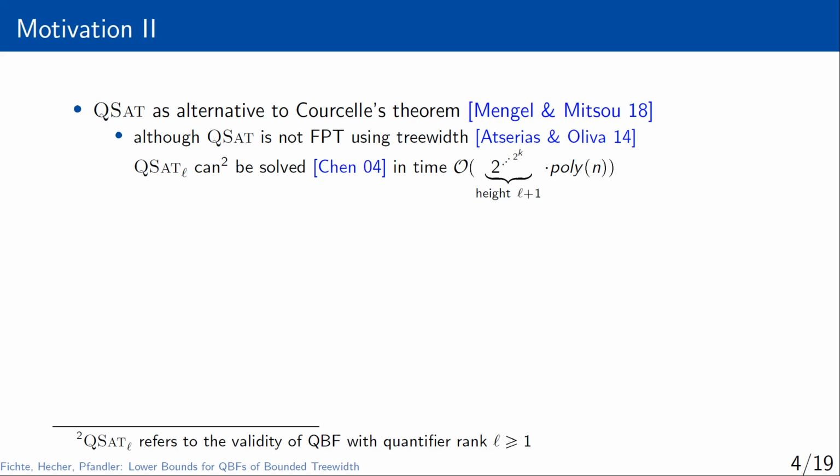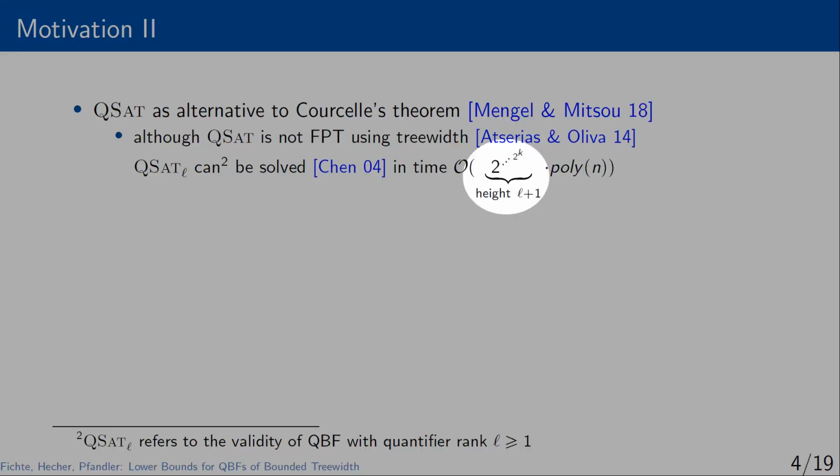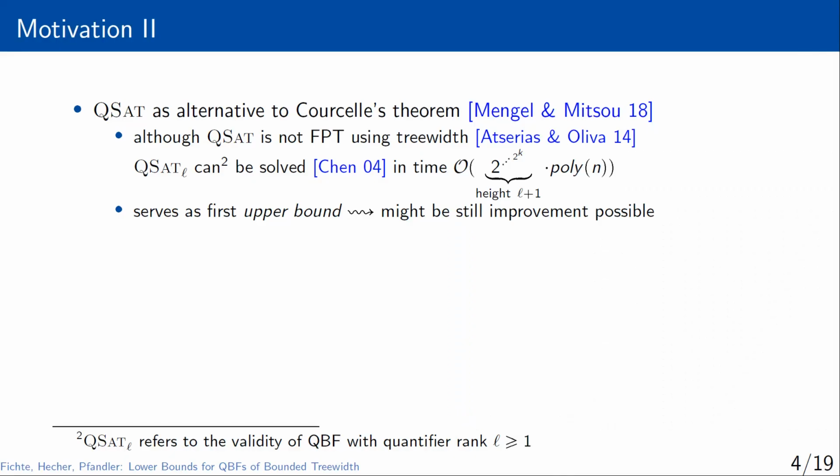If, for example, we also consider the quantifier rank of the formula as a parameter, we obtain that the consistency of a QBF can be decided in time l-fold exponential in the treewidth, while still being polynomial in the instance size. This algorithm goes back to Chen and serves as a first upper bound, but maybe there is some improvement possible.